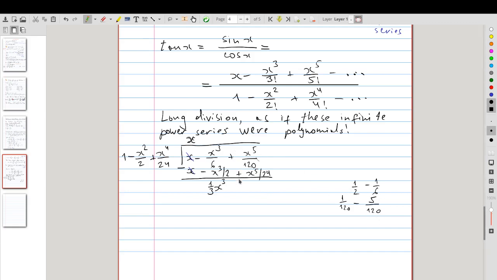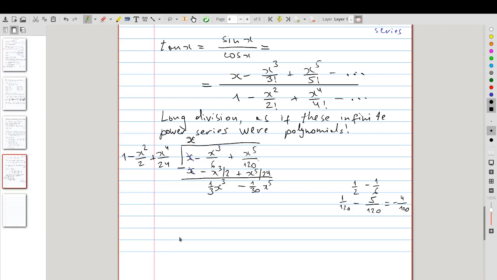So I have as a result minus 4 over 120. So that would be minus 1 over 30 x to the 5th.